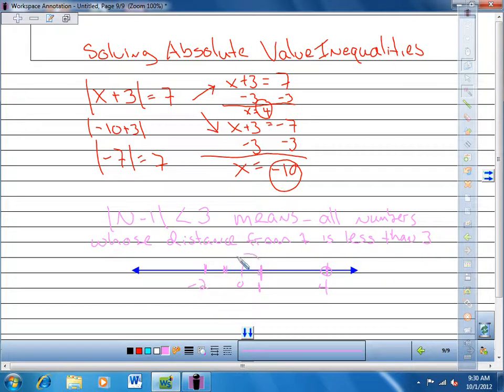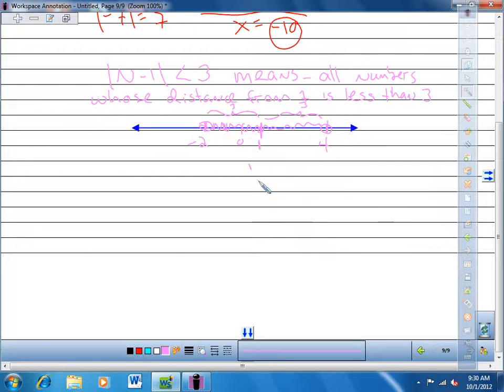Because this distance from here to here is 3. And this distance from here to here is also 3. Okay? And then this is the open circle here. So these are the points I am talking about. They're all the points whose distance from 1 is less than 3. Now how could I write that?